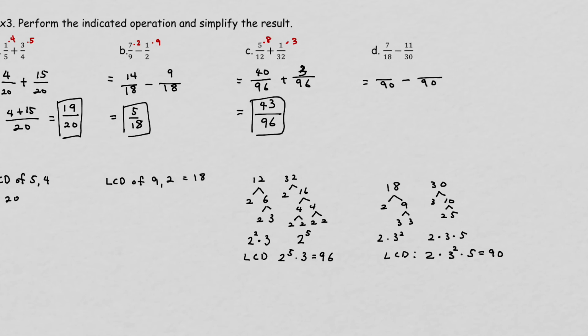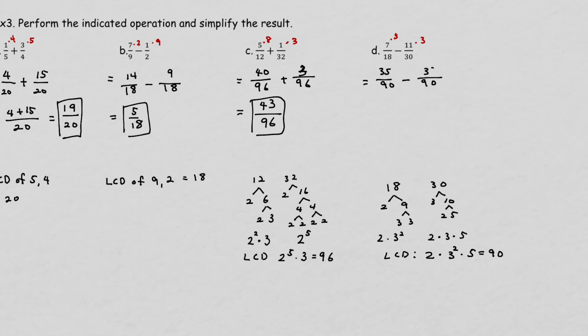18 to become 90, what are we multiplying? Let's see. It was 5, right? So you multiply 5. 30 to become 90, you multiply by 3, right? So this first numerator will be 35.